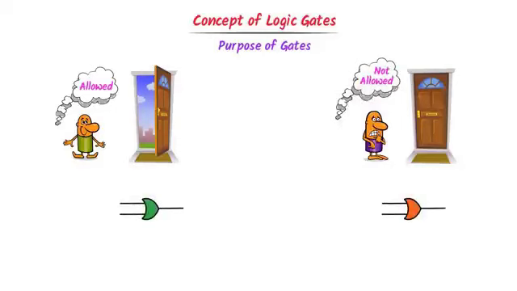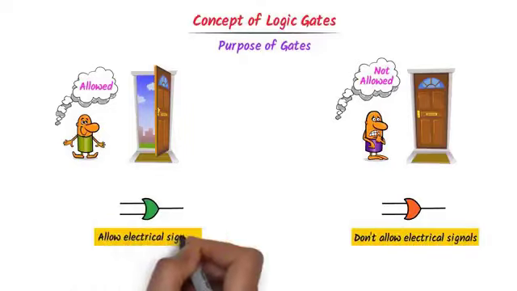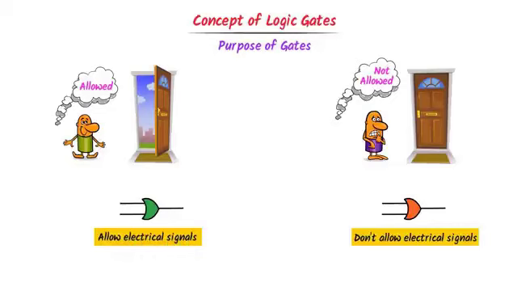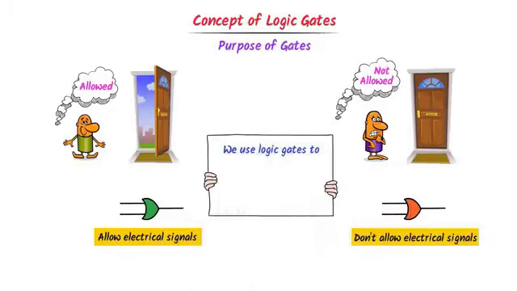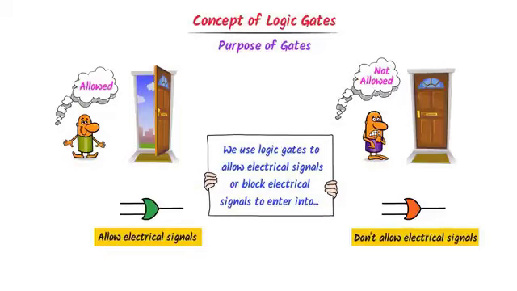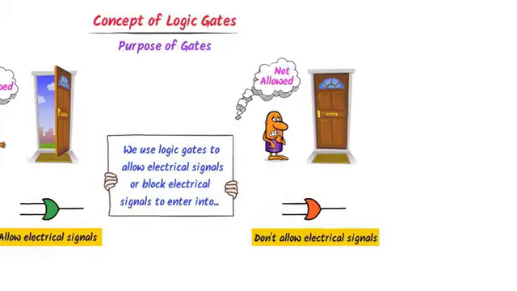Logic gates either do not allow electrical signal to pass through or allow electrical signal to pass through. I mean, we use logic gates in order to allow or block electrical signals or digital signals to enter into the circuit. Thus remember that we use logic gates to on and off any digital circuit.